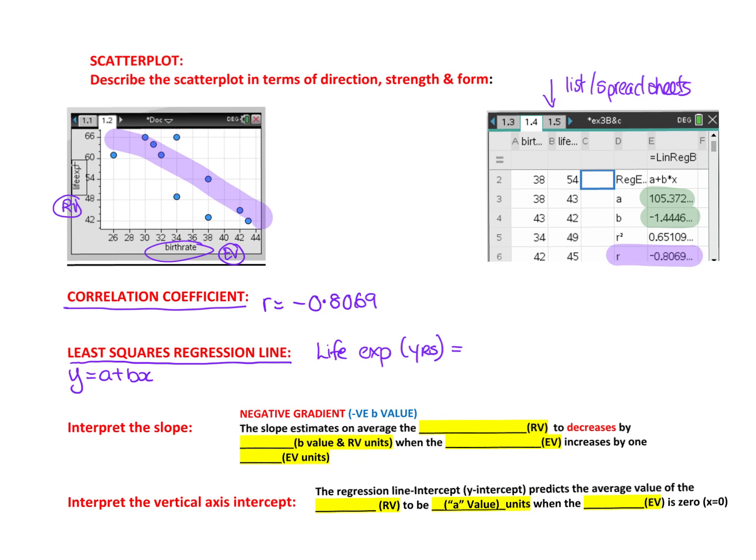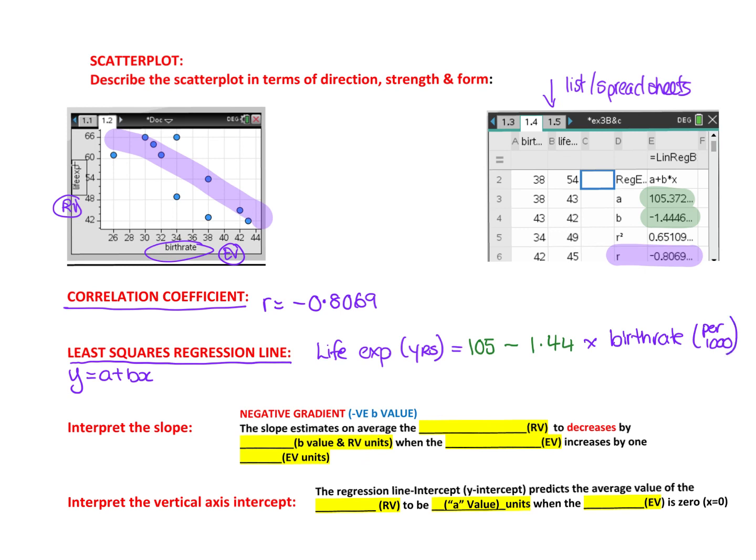So if I do 3 significant figures for the A value, it'll become 105. And then we're going to do minus the B value, because this graph is going down. It's a negative B value, negative gradient. So 3 significant figures would be negative 1.44. And then we're going to times it by the explanatory variable, which is birth rate. And we might put the units in the brackets, which was per thousand. Okay, and there we go.